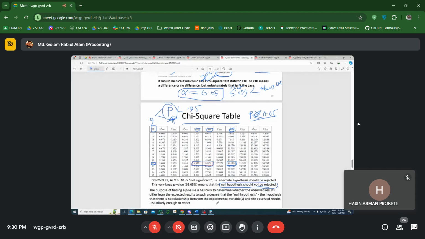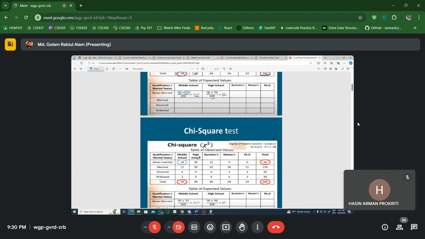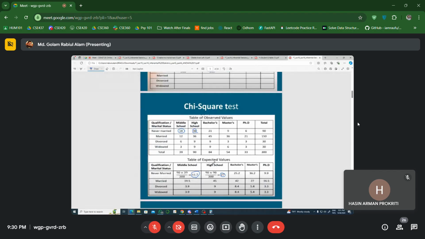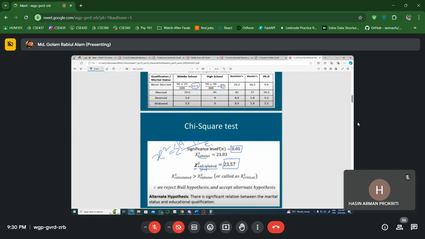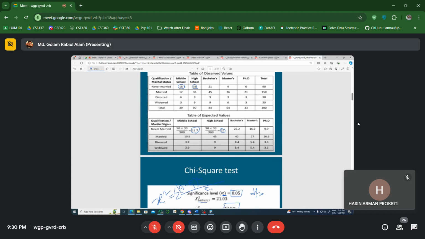So we have to compute the degrees of freedom. What will be the degrees of freedom in our case? To determine the chi-square tabular value, we need the alpha and also the df, the degrees of freedom. The degrees of freedom is row minus 1 times column minus 1.